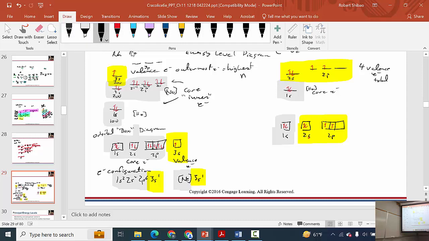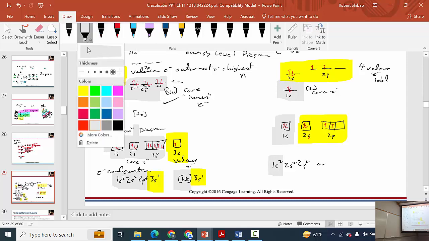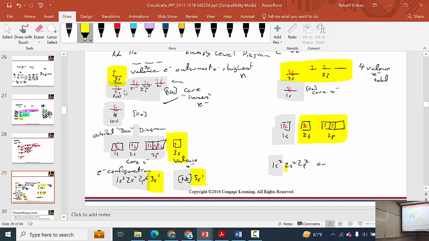Over here, in the electron configuration, I'm going to have 1s2. In the 2s subshell, I have 2 electrons. In the 2p subshell, I have 2 electrons. Or what I can do is have the helium core with a 2s2 2p2 valence.